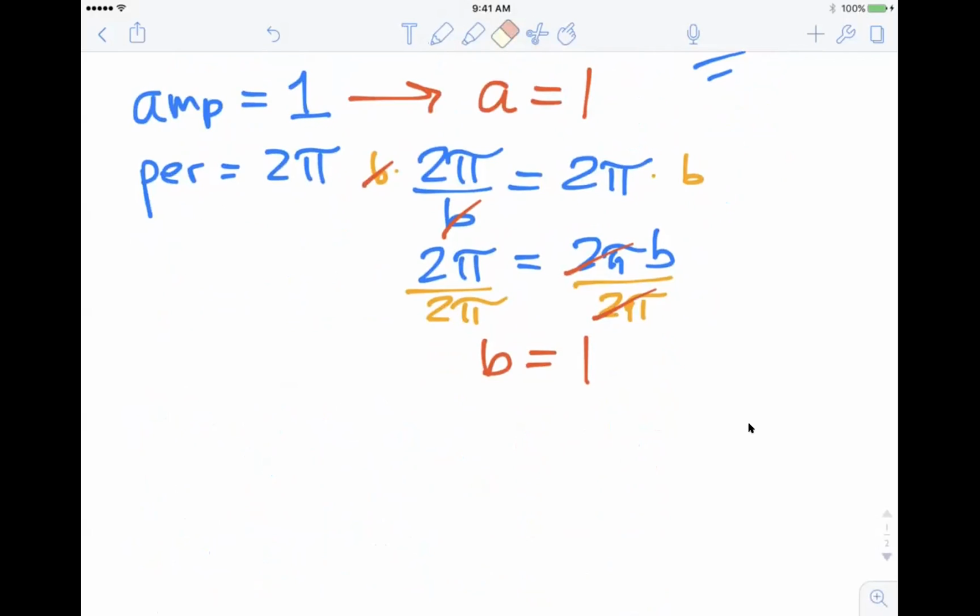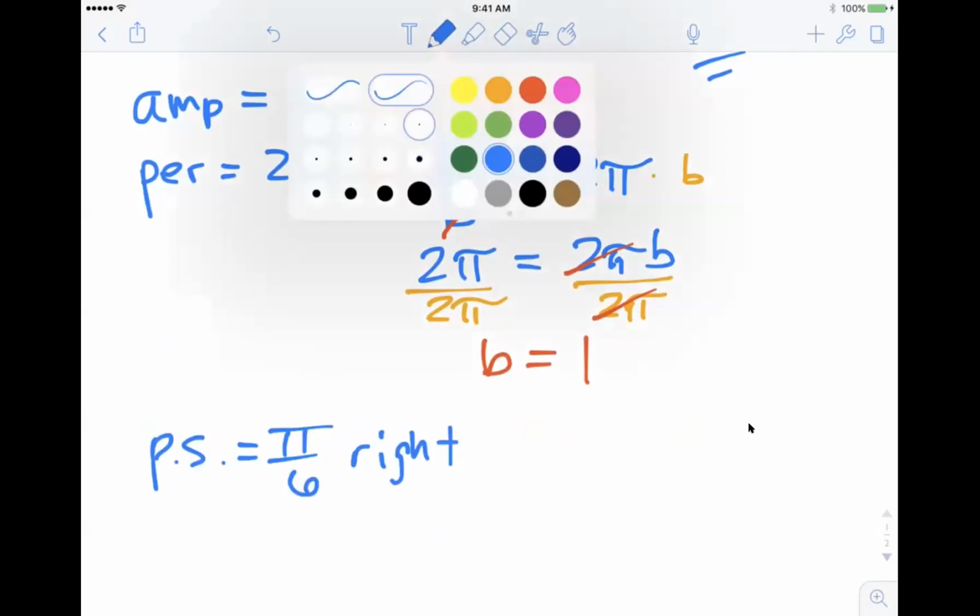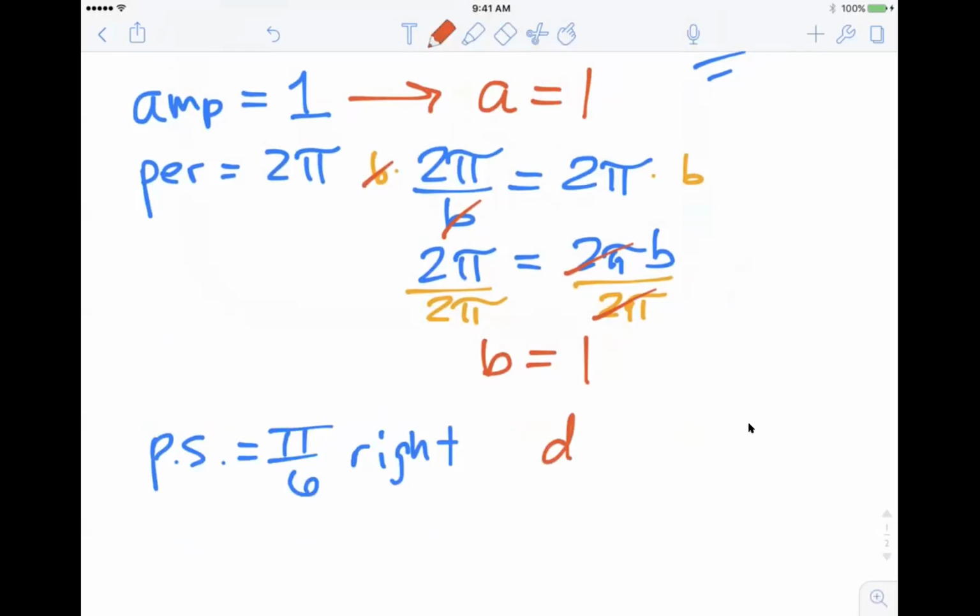Okay. Next is phase shift. We identified phase shift as pi/6 to the right. Phase shift pi/6 to the right. That's the D. Right? So D is equal to pi/6. Okay.